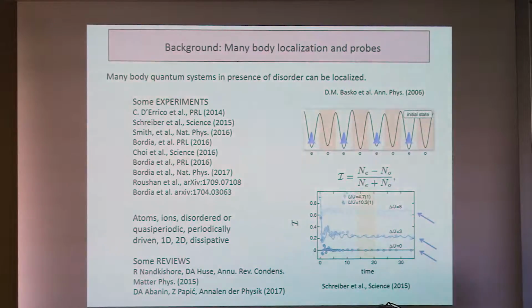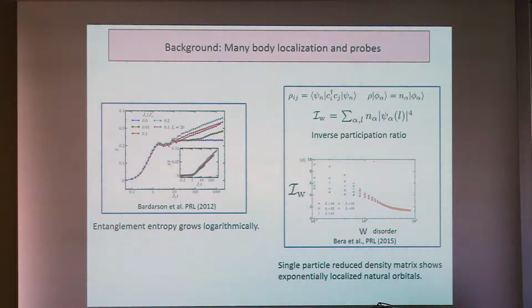So this is disorder. Now, some signatures of localization: theoretically you can look at, for example, the entanglement entropy, and you see that instead of going to a constant value, it will grow logarithmically until you reach finite size effects. Another important quantity is the inverse participation ratio. What is it?